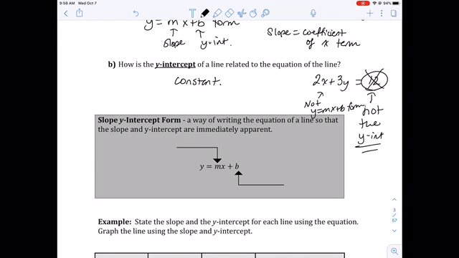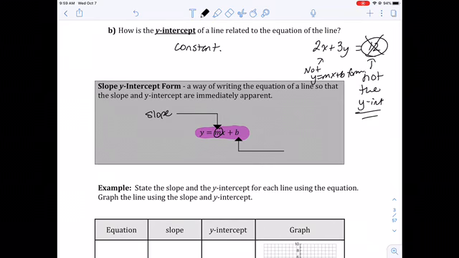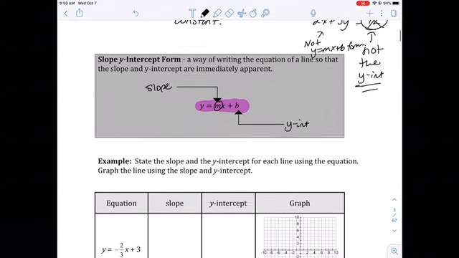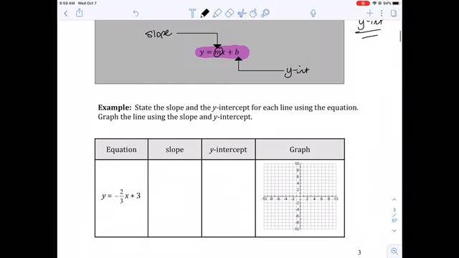So in order to find the slope and y-intercept, we always have to change our equation to y equals mx plus b form. And of course, in this very first one, there's our slope, our coefficient of x, and our b value is our y-intercept, that constant. So let's look at the next couple of examples here.